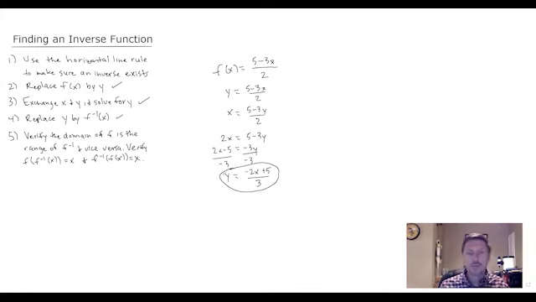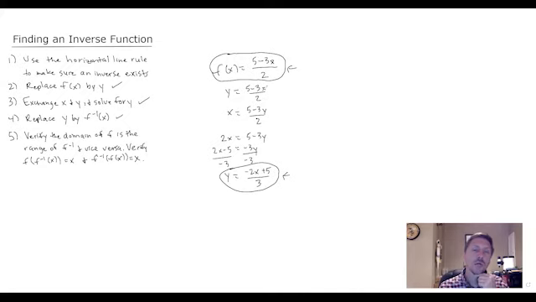And in order to verify that that indeed is the inverse function, we do a quick look to make sure that the domain and the range of each match up. So the domain of this function should be the range of this function down here. And if we look at this, the domain of this is all reals. There's no division by 0 that's possible. There's no negative values under an even root that would be possible.